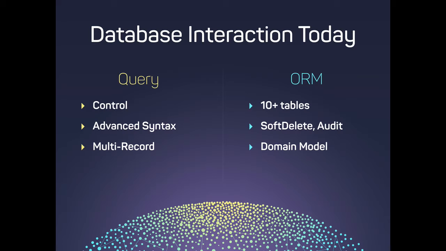Also, you need enterprise features such as soft delete and audit on the tables, which need to be consistent throughout the whole database. And finally, it's important to be inside this domain model, which abstracts all the SQL details away, and you're just dealing with native types, native records inside the PHP language.